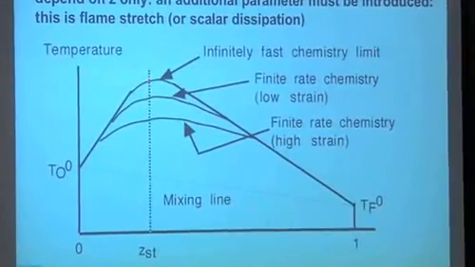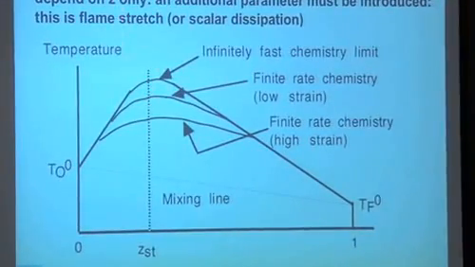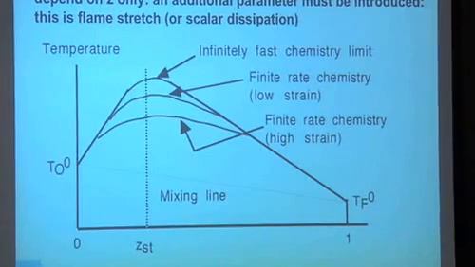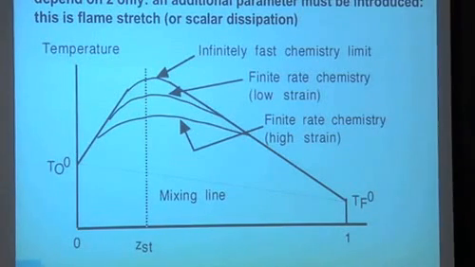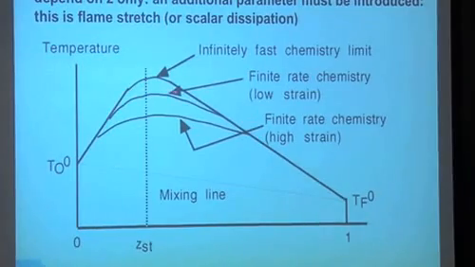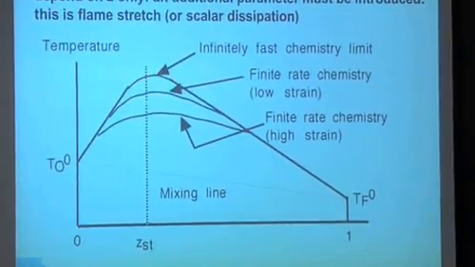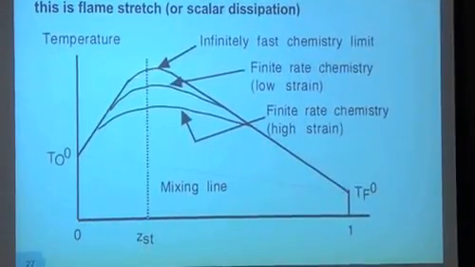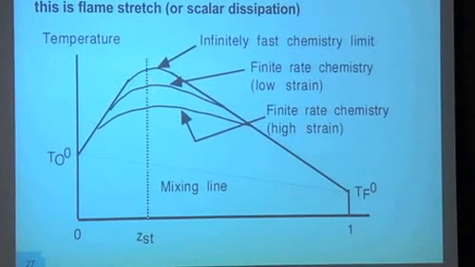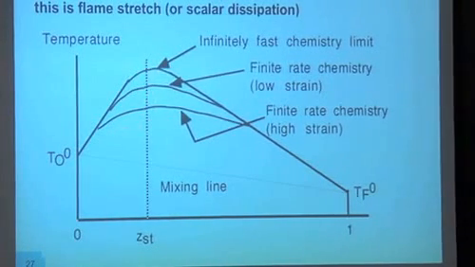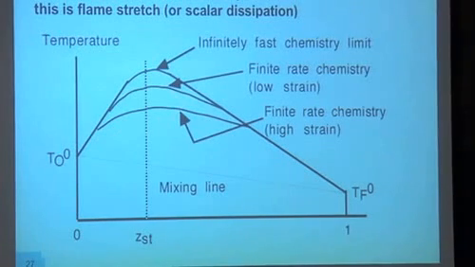One of the first things you need to introduce in these flames is stretch. We talked about stretch yesterday, and we know that the flame structure depends on stretch. We know, for example, that for infinitely fast chemistry, that would correspond to 0 stretch, you are here, but when the stretch increases, then these lines move. So you would need to tabulate things not only as a function of Z, but also as a function of stretch or of scalar dissipation.